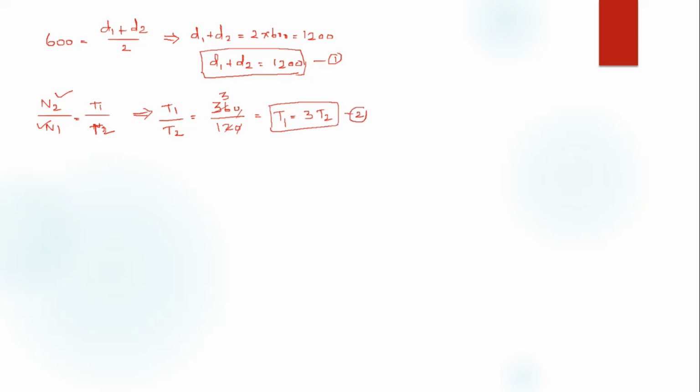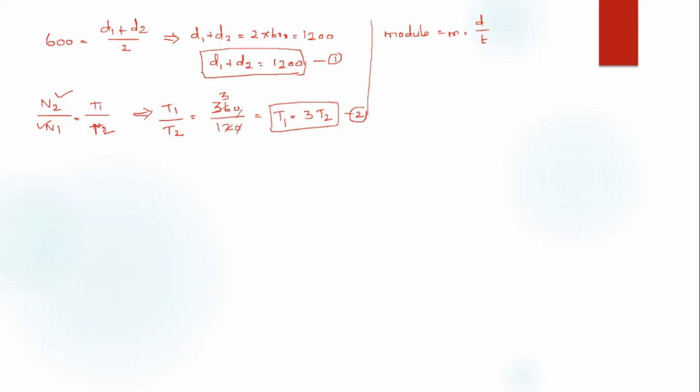Now the module is also given, which is 8 mm. We know the formula for module: m equals small d by small t, or capital D by capital T. The module we already know is 8 mm.